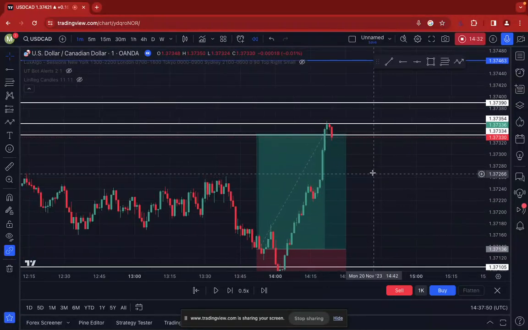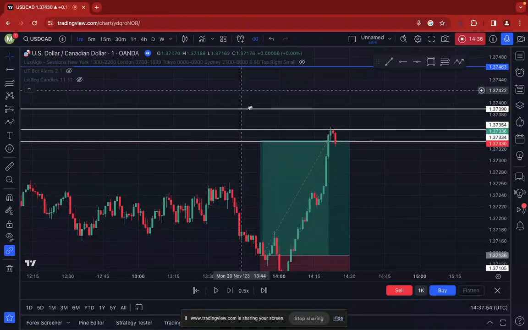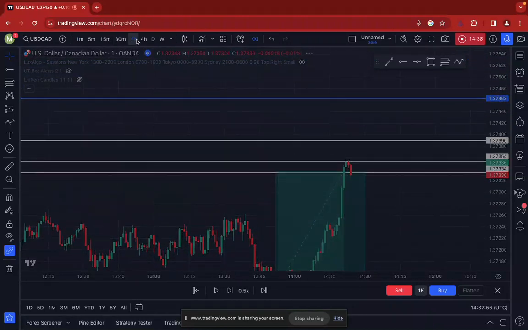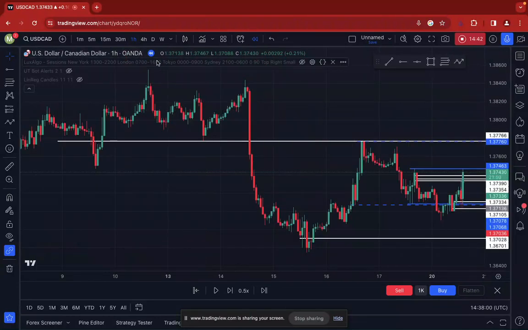All you want to do is go on the indicator section on your TradingView.